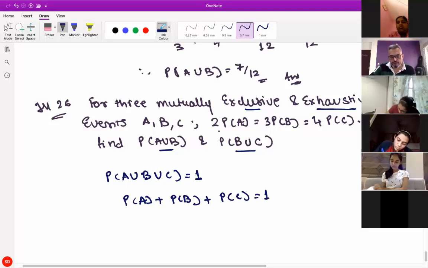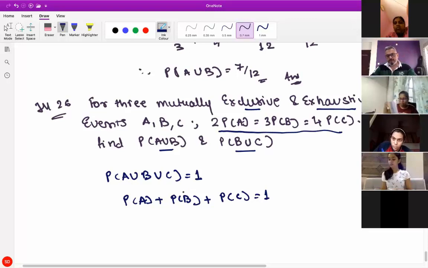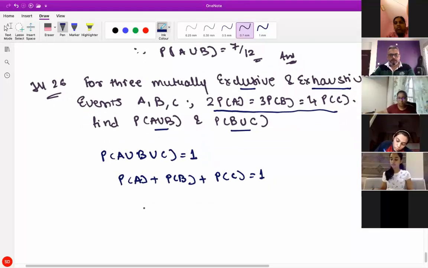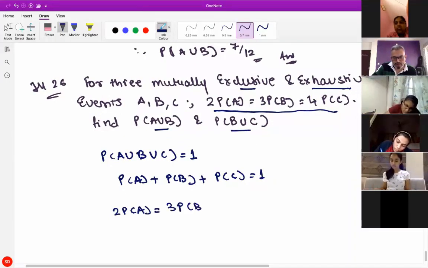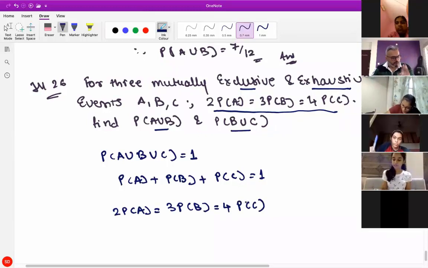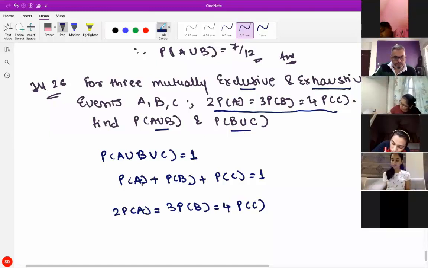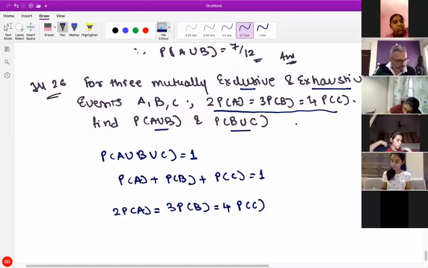But over here, this equation is given: 2P of A is equal to 3P of B, which is equal to 4P of C. One of the methods is as given in the textbook, which you can take as 2P of A is equal to 3P of B is equal to 4P of C is equal to X.